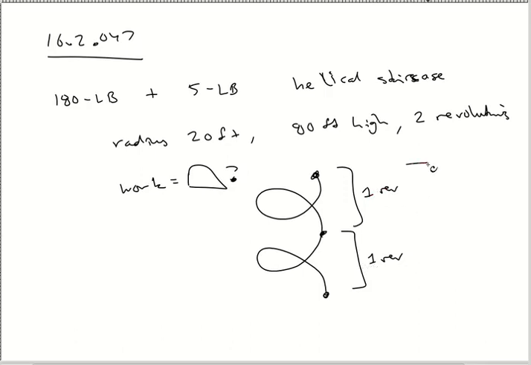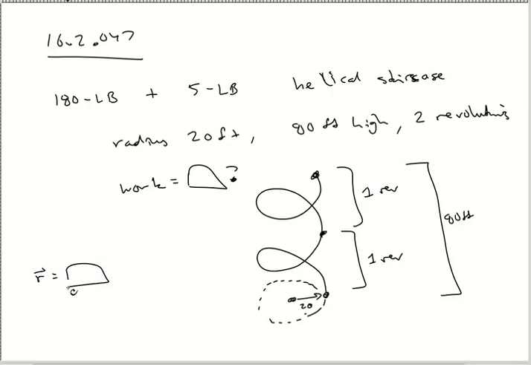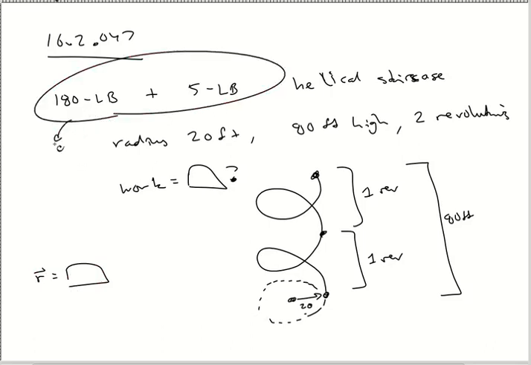The total height is 80 feet, and if you're going to take a look at the XY plane shadow, it's obviously a circle, and they're saying that radius is 20. So we need to make a set of parametric equations, an r, that is going to somehow make this thing work. Once we have it, we toss in the force, which you can see right here is going to be basically 185, and then we would get our answer.